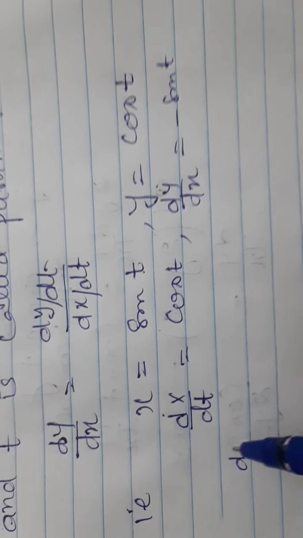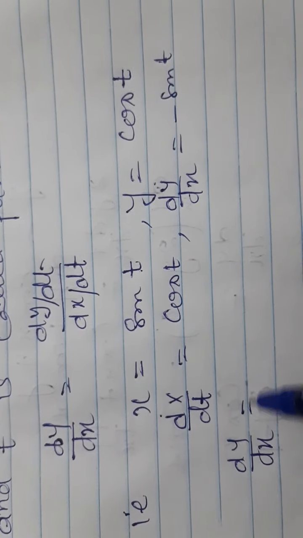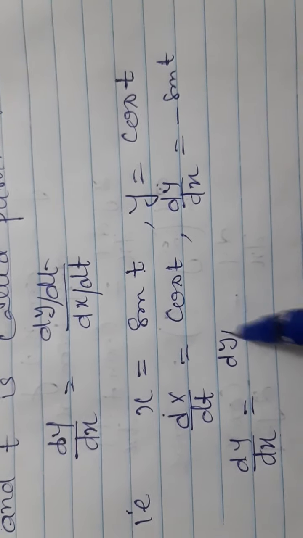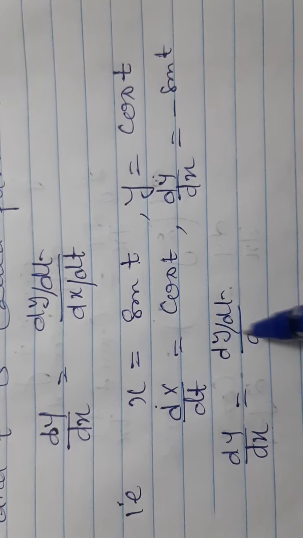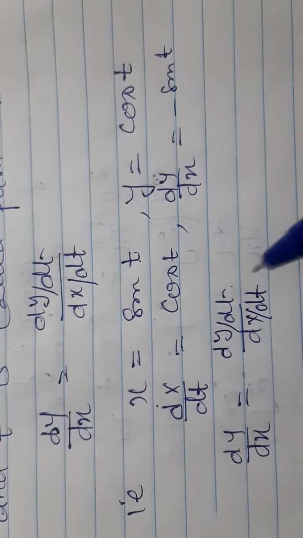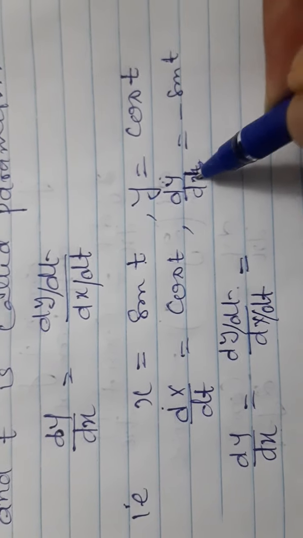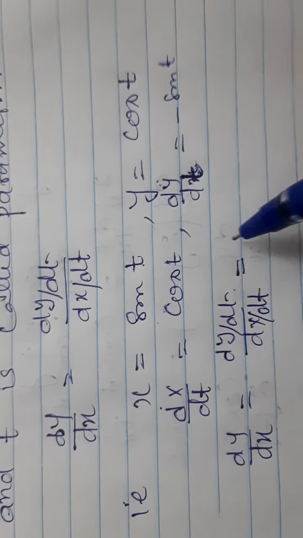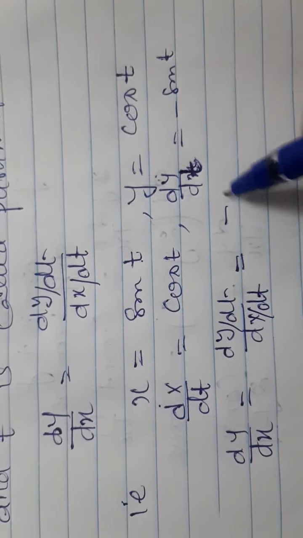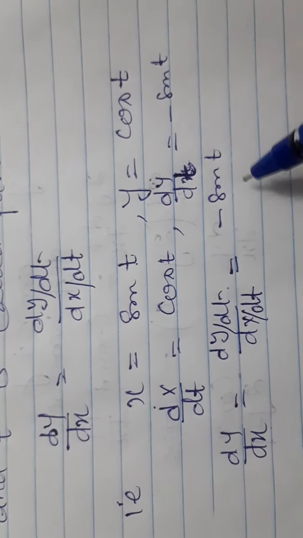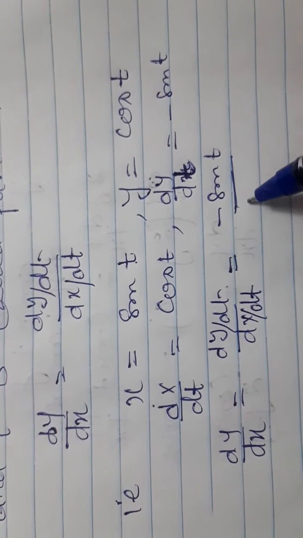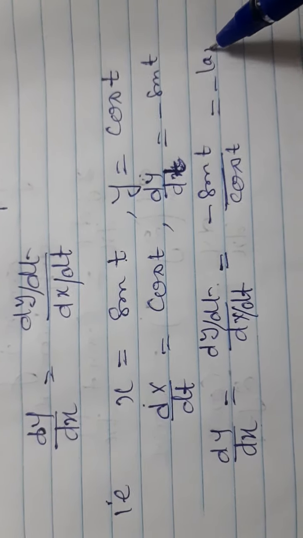So what is dy/dx? dy/dx equal to dy/dt upon dx/dt, that is minus sin t upon cos t, that is minus tan t.